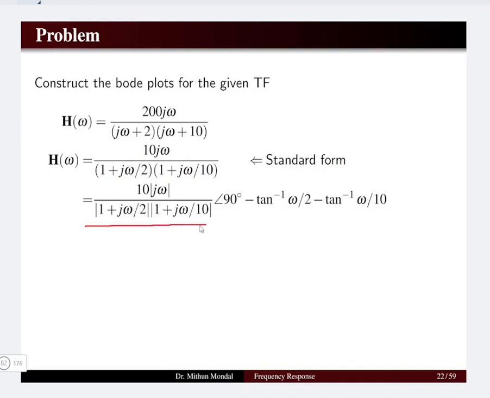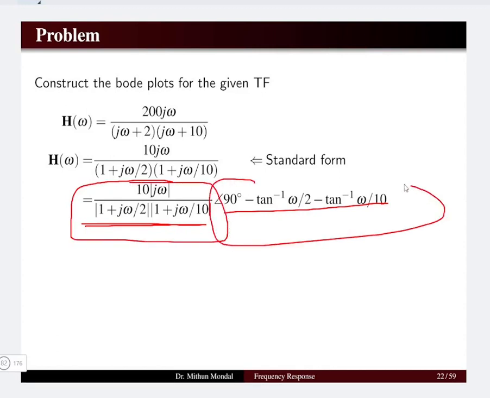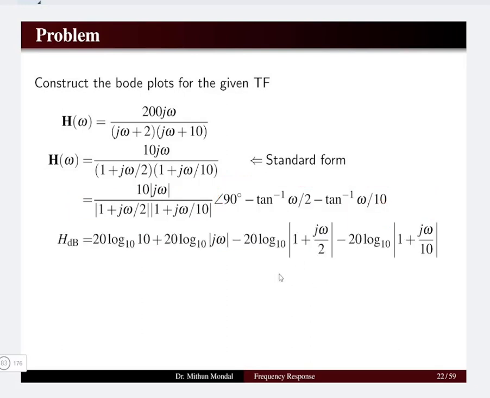Now we will convert to the magnitude and the phase. This is our magnitude quantity and this is our phase quantity. The magnitude and phase we are going to plot separately in a graphical procedure, one by one. First we have to convert it to H in dB, which involves the logarithm of the different factors.